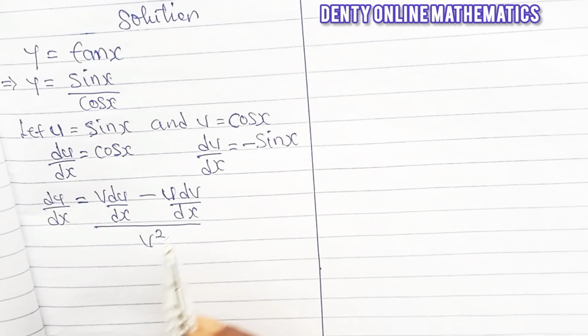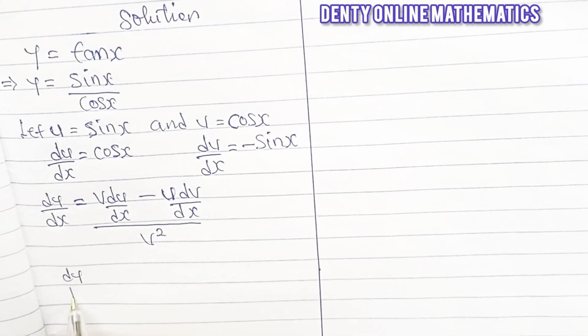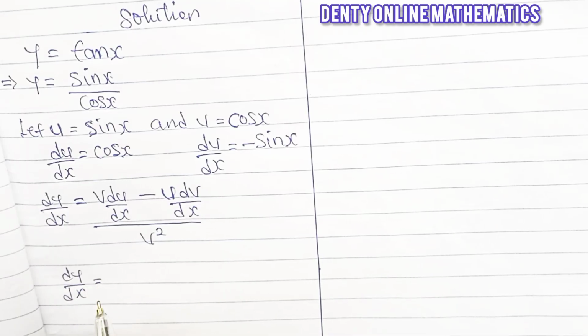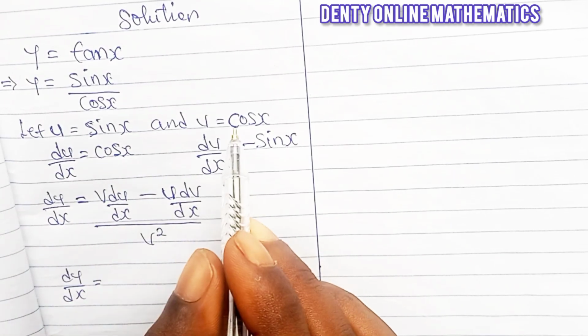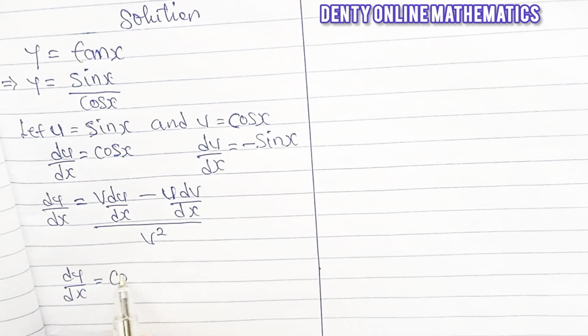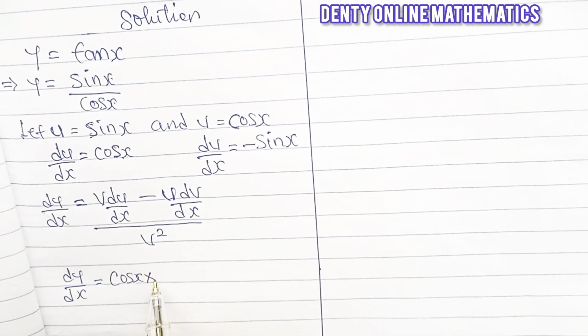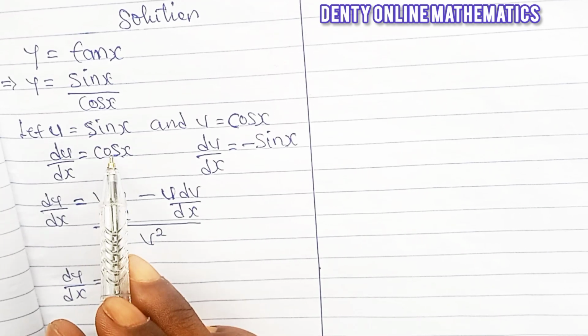Now this means that our dy over dx is equal to, now what's our v? Our v is cos x. So cos x times du dx, and our du dx is cos x also.